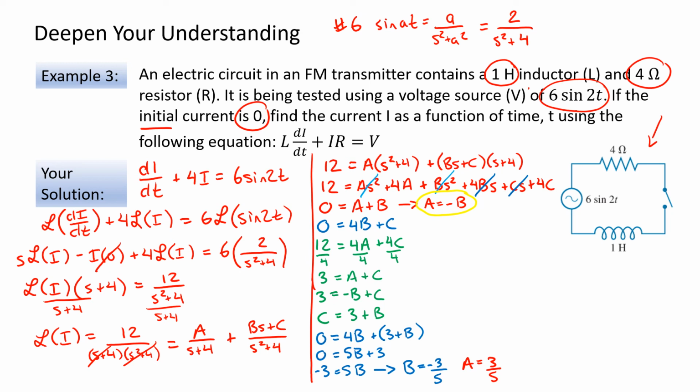So now we can also solve for c, because remember, we have that c, oh, that's in yellow, that is hard to see. c is equal to 3 plus b, remember going back to here, which is 3 plus b, which is negative 3 over 5.